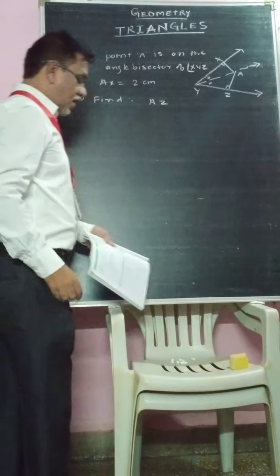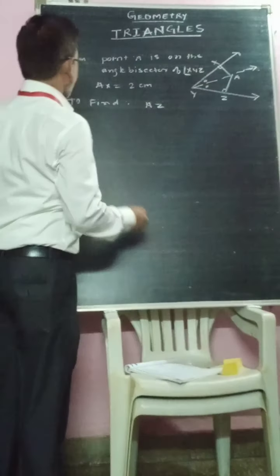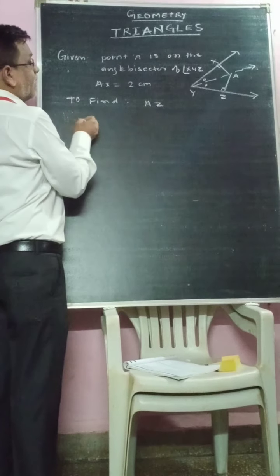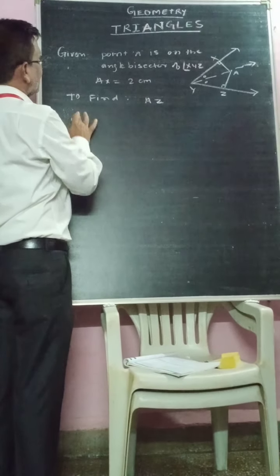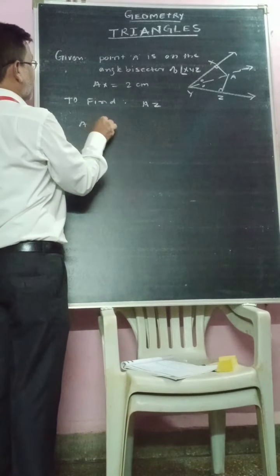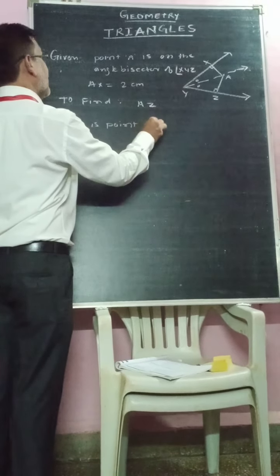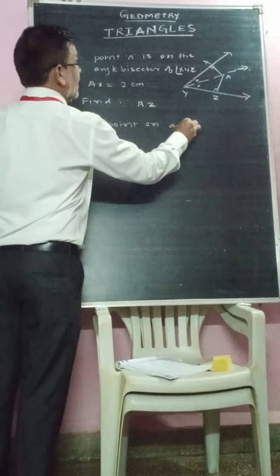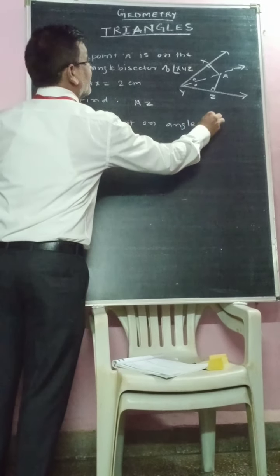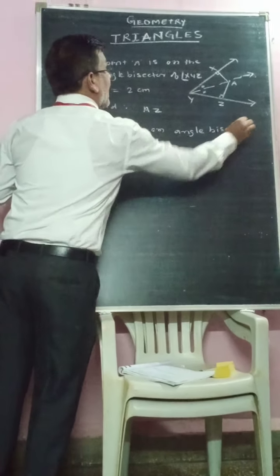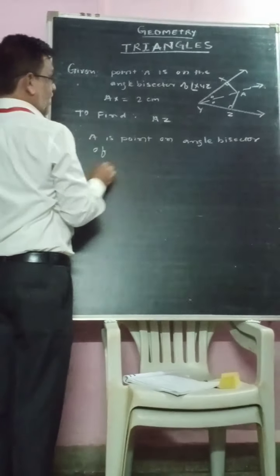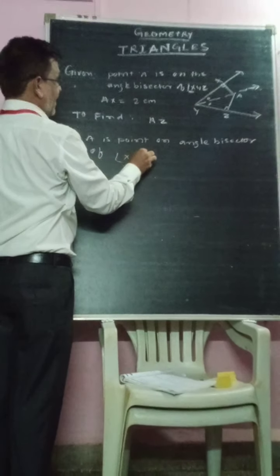Okay, now how to find it here? See, in the given figure, A is a point on the angle bisector of angle XYZ.